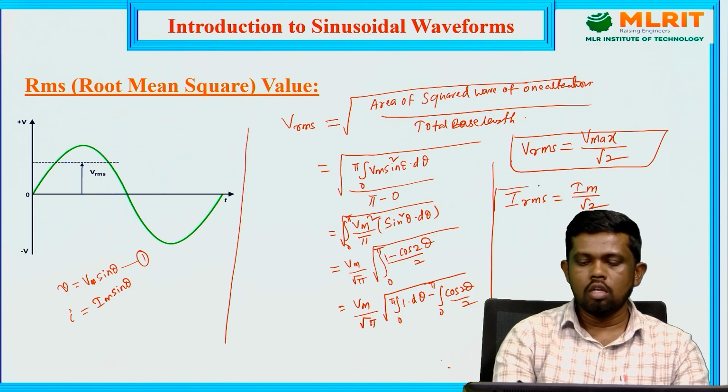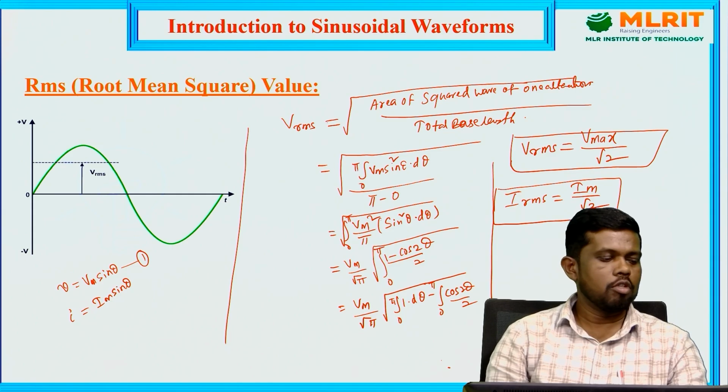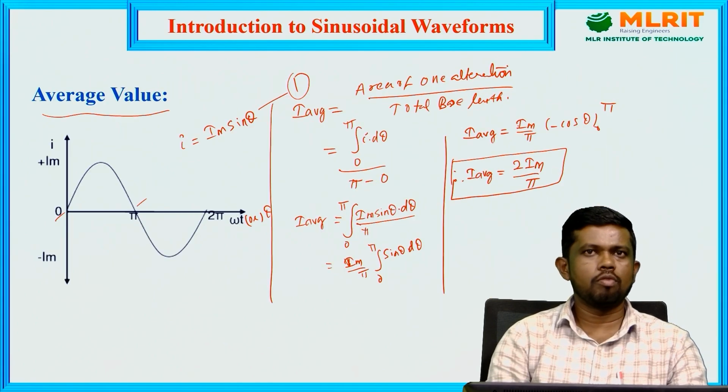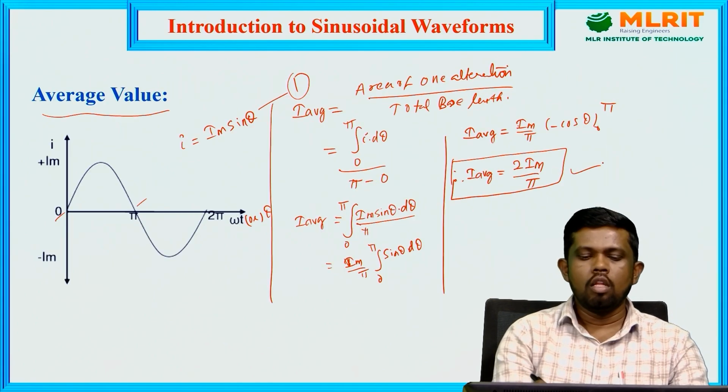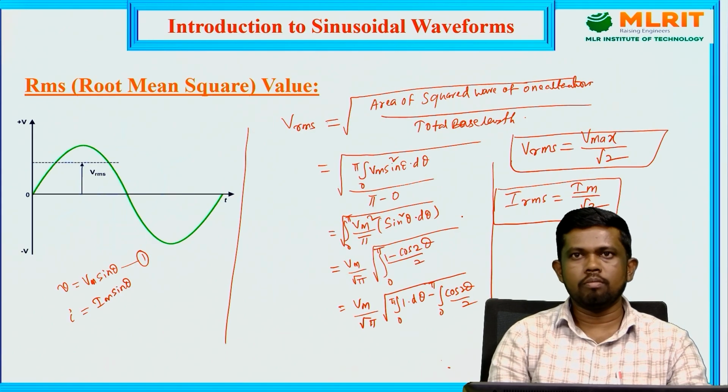So this is the RMS value of the sinusoidal waveform, and the previous one is the average value. For voltage, V average equals 2 times Vm upon pi.